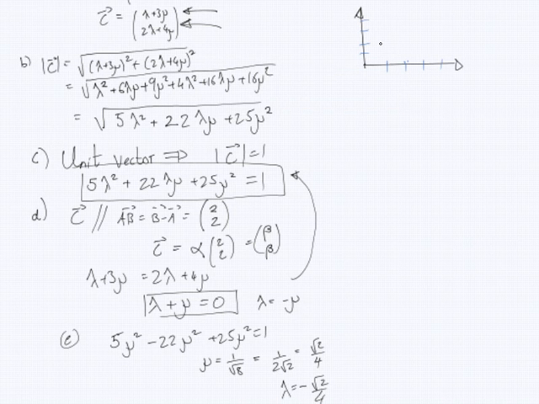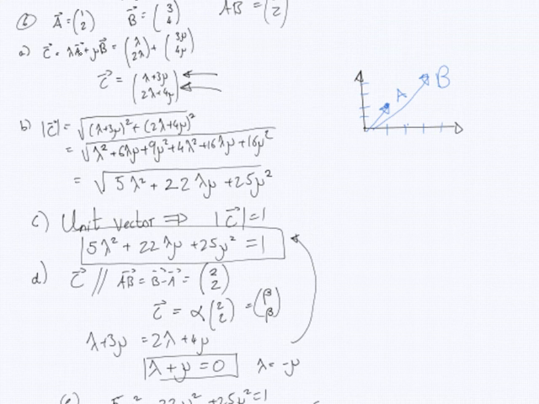So 1, 2 would be like here. This is vector A. And what's vector B? 3, 1. So that's vector B there. And the first thing I did was I said C is so many A's plus so many B's. So I took some A's and I took some B's and I added them together.